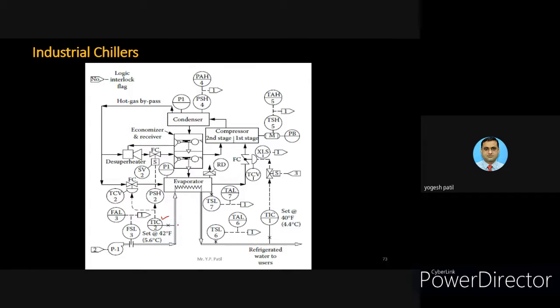In one, it controls the de-superheater output that enters into this valve. That is one control. And the second control is that it also controls the hot gas bypass, with the help of this PCV2.